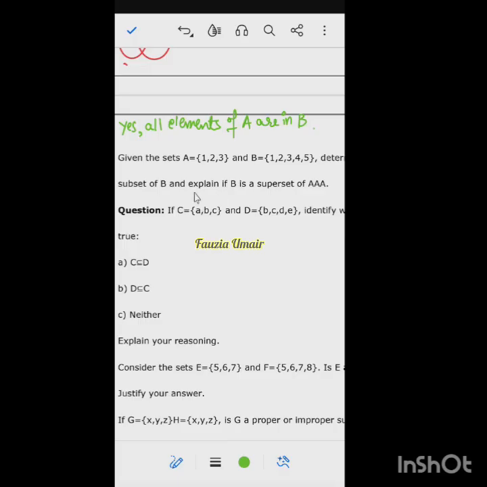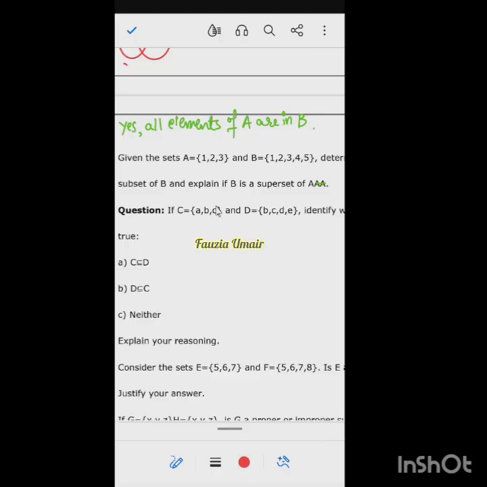So now they're saying explain if B is a superset of A. Yes, it is. But they're not asking if it is. They're saying explain if B is. So how will we explain it?